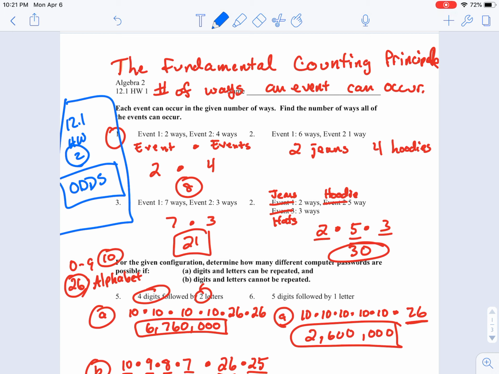Everything is worth points. I'll be putting stuff in the grade book. I put grades in the grade book for anybody who did the survey. A couple people didn't put a name on it, so I don't know who you are. If you do not have a grade for that, you can submit it. And any old makeup stuff you can submit. How can you submit? Take a picture of it, shoot me an email.